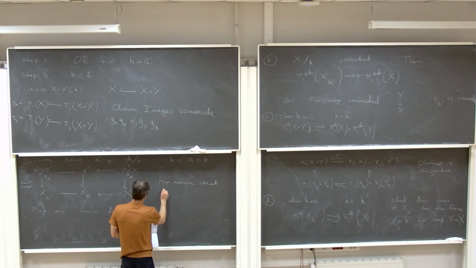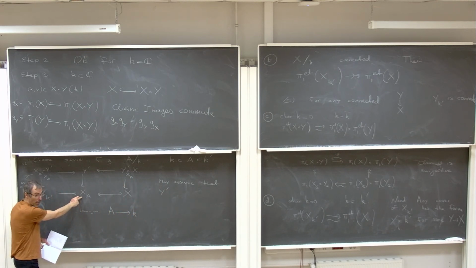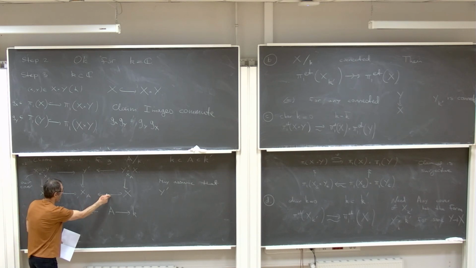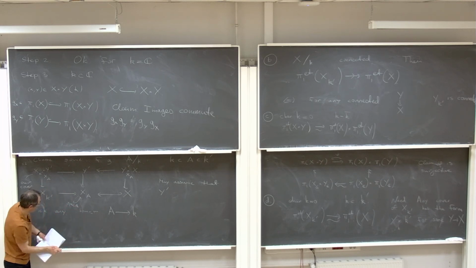my Y prime, so remember that I have a K point of X. So that gives me a map from spec A to this guy.